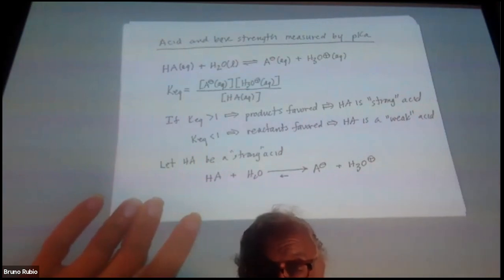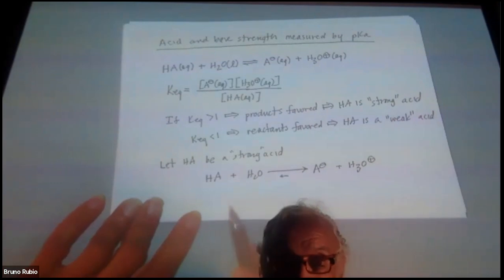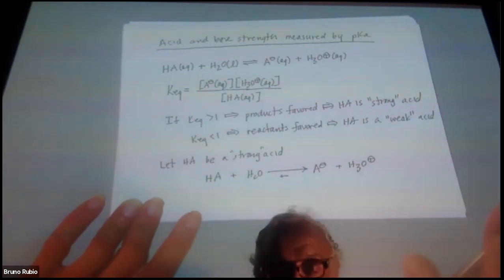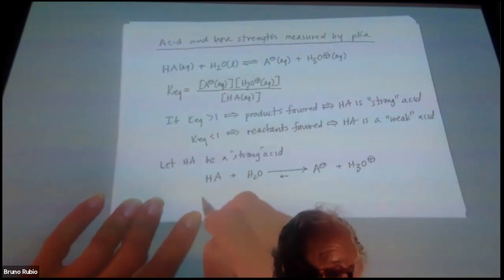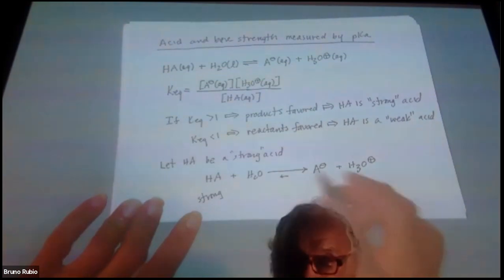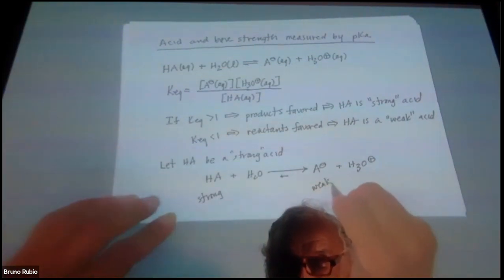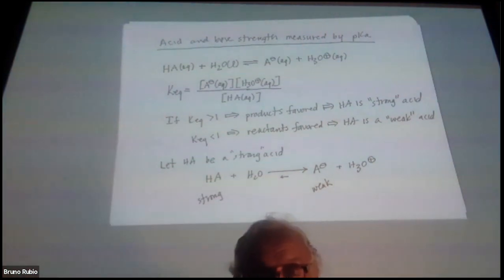So what this is saying is that a strong acid, HA, has a weak conjugate base. That's a very important concept when we're dealing with organic acids and bases. This is a strong acid, but there's a return reaction which is not favorable at all, so that A minus will be a weak base.